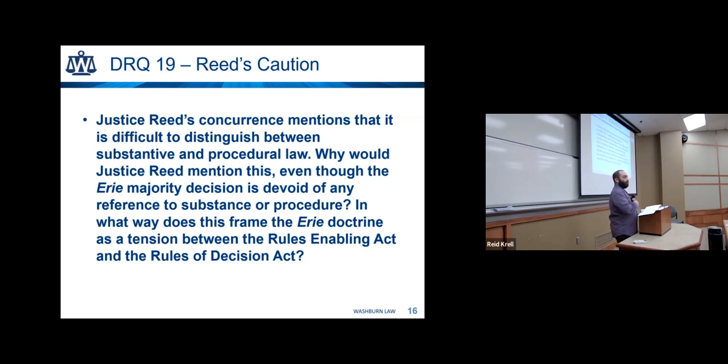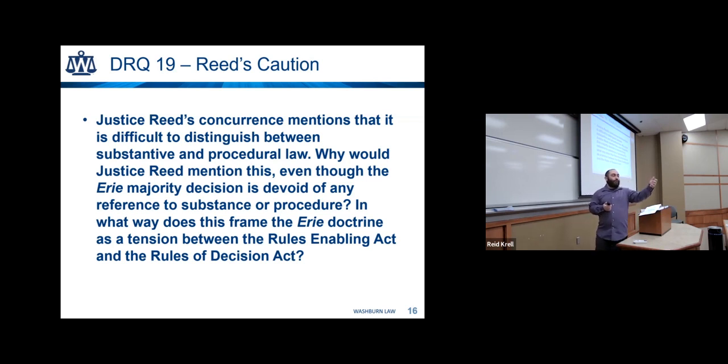All I really wrote on this one was that if it's procedural, then it depends on which federal or state law that you're applying.